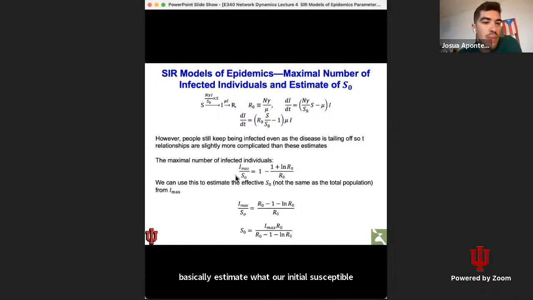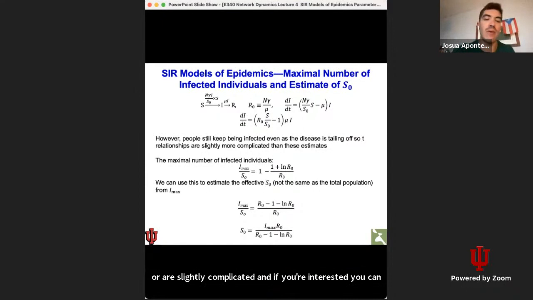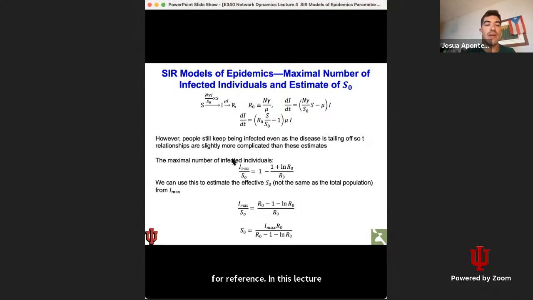The mathematics to get to this equation are slightly complicated, and if you're interested, you can have a look at it in the book we're using for reference in this lecture. But we will be using this equation once we estimate some of the parameters of the model.